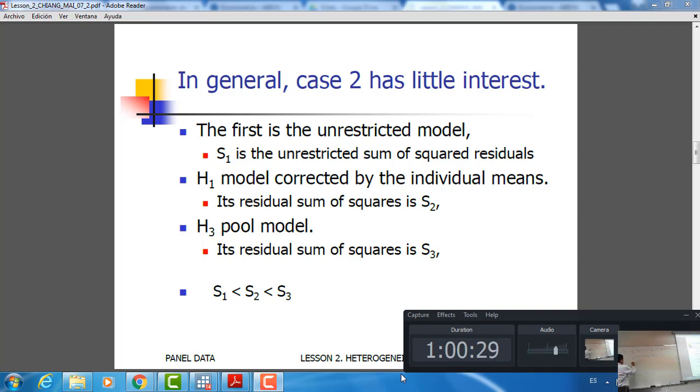And then we have a third model here, which is nested in the second, and the second is nested in the first. So the third is nested in the second and first.